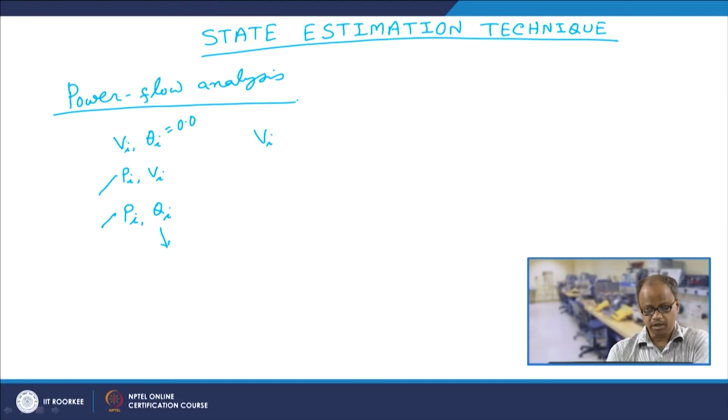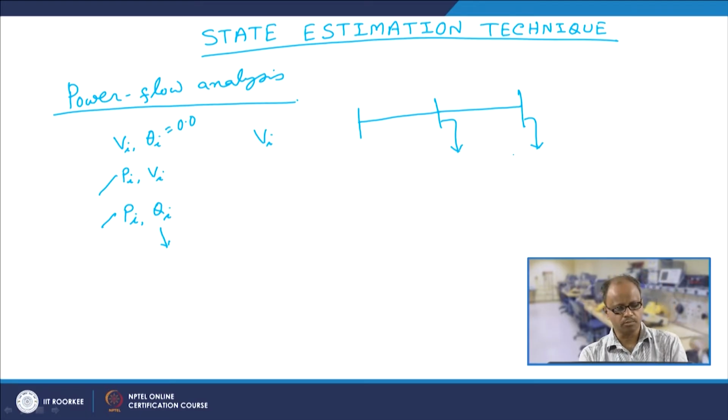So for these two values we really do not need any meters, but we need at least meters for Pi and Qi at the load buses, because in any system the loads at any bus will keep on changing. Until and unless we know at each and every instant the amount of load being consumed from any bus, we would not be able to know their exact values.